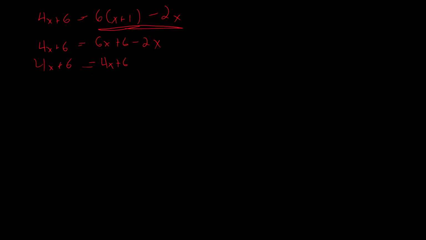Well, I can already see something here. These two things are identical. So if I subtract 6 from both sides, I get 4x equals 4x. And now if I divide both sides by 4, I get x equals x. And if I subtract x from each side, I get 0 equals 0. And this is true. And this is always true.